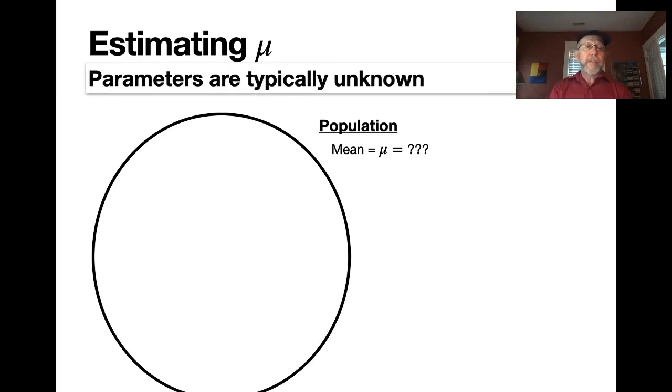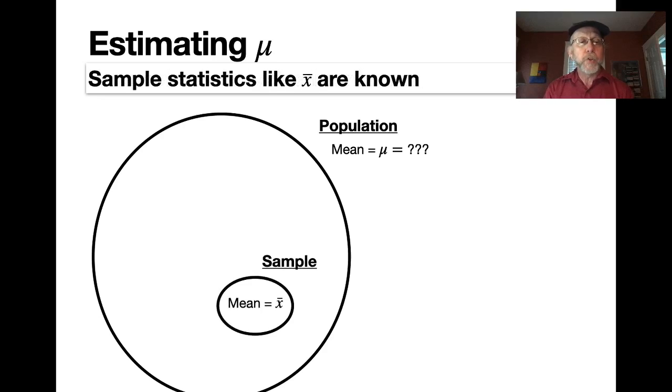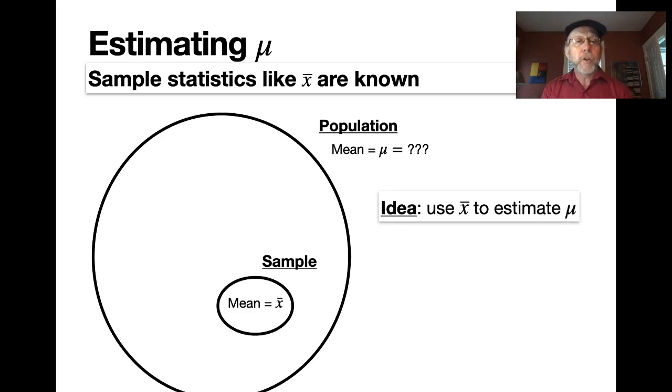That population average, mu, is generally unknown simply because we don't have access to all the data. But as I mentioned, we usually do have access to sample data, and from that we can get a sample mean. So the idea is going to be to use the sample mean x bar to estimate the true mean mu.